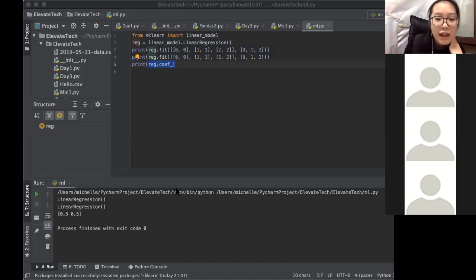You can also have elastic nets. You can have least angle regression. For lasso, you use linear model dot lasso, and for least angle regression, linear model dot lasso lars.